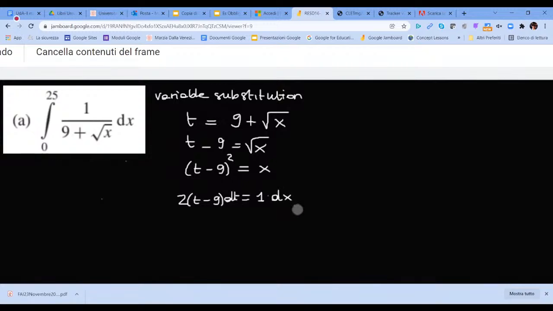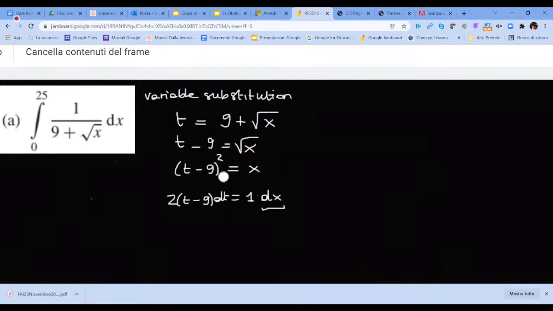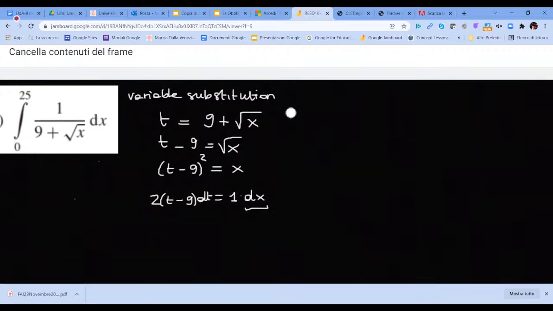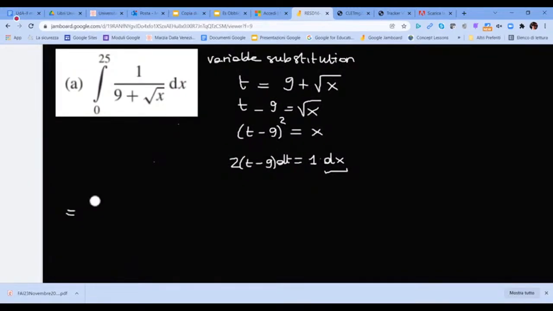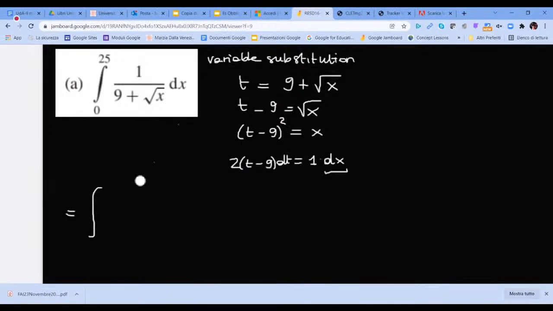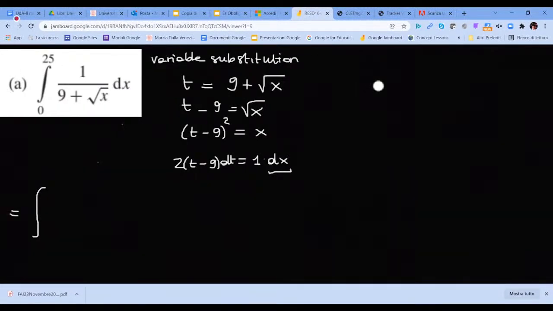That means that we can substitute the x in this expression in a very easy way. Okay, so I forgot that we have to change the lower bound of integration, that is 0. When x equals 0, then t is equal, we can use this expression, 9 plus the square root of 0.